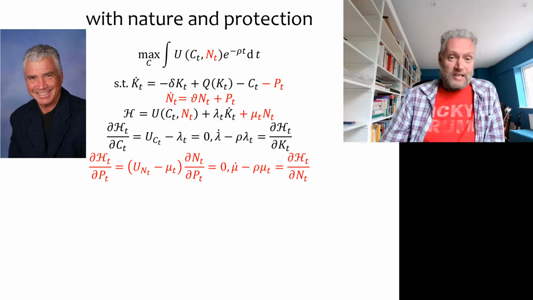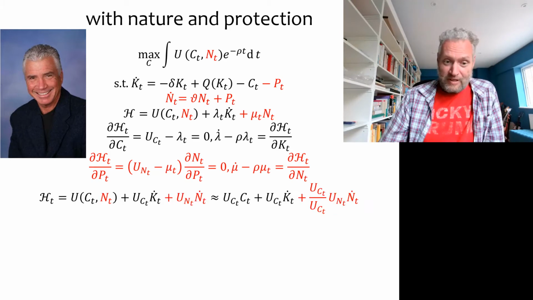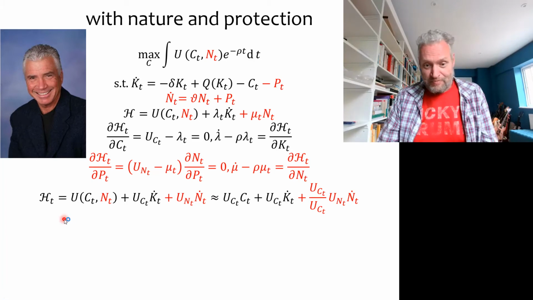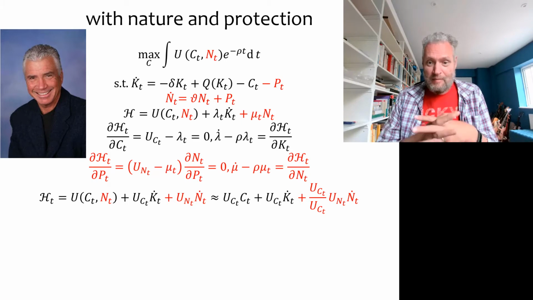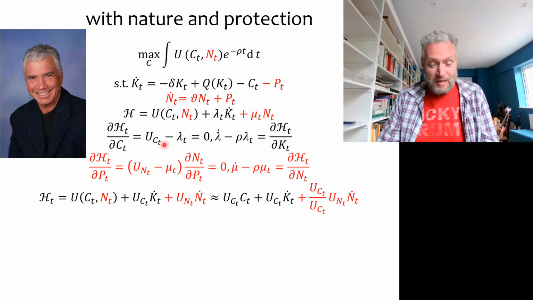We're going to apply the same trick as we just did. We're going to take the Hamiltonian. This condition here implies that lambda equals u sub c. So that is this thing here.